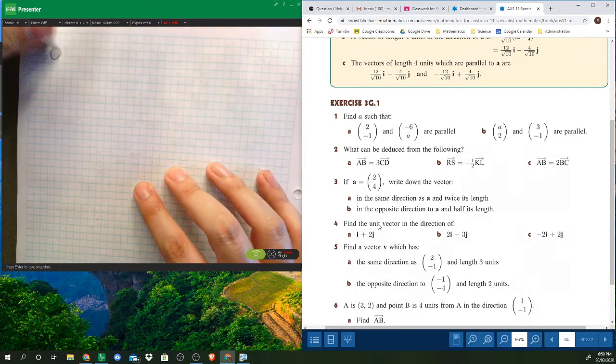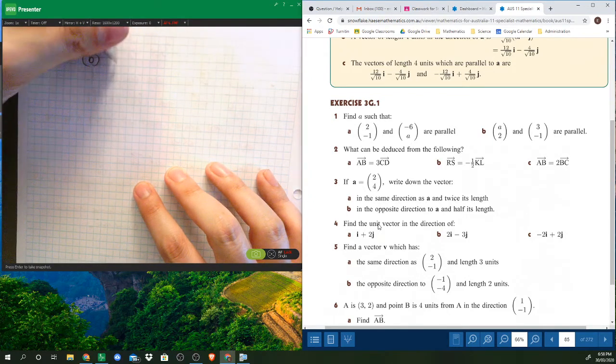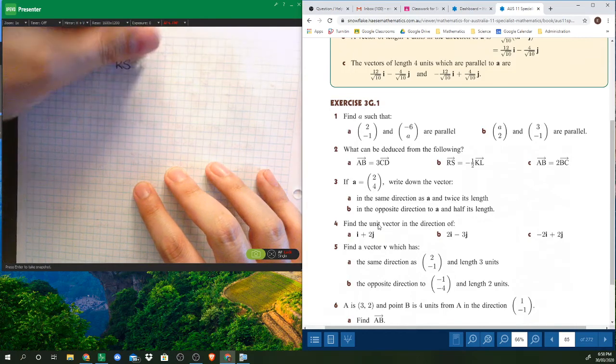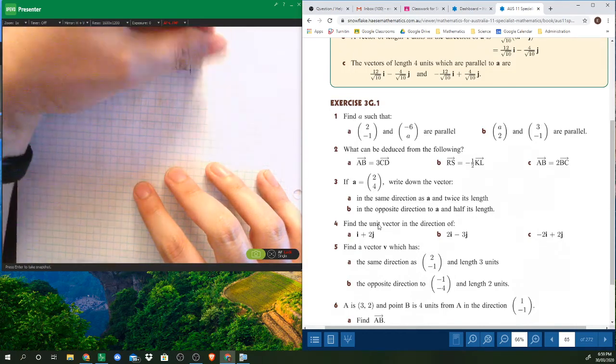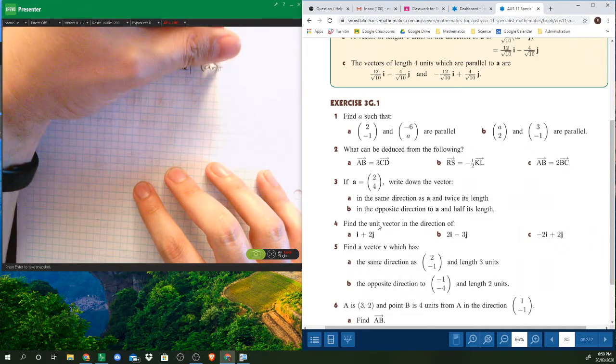All right, so question 2, maybe pick B. RS is parallel. Anti-parallel, now that's not a term they use, but I do.